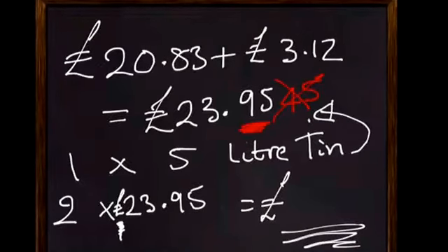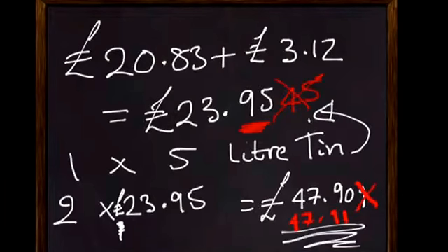Then you will find that you get 47.909. What we can do is get rid of this 9 and make it 47.91. Either of the two will be the right answer.